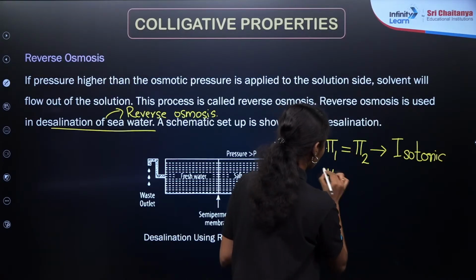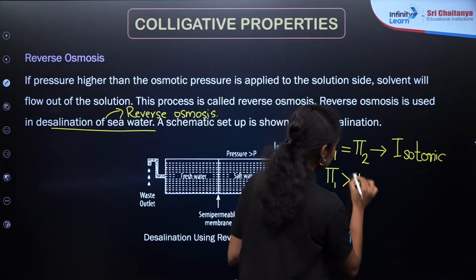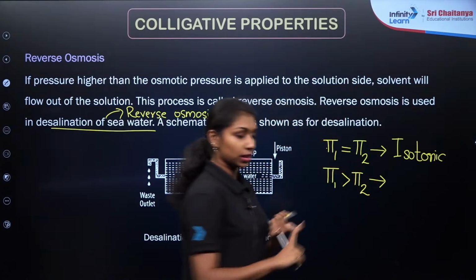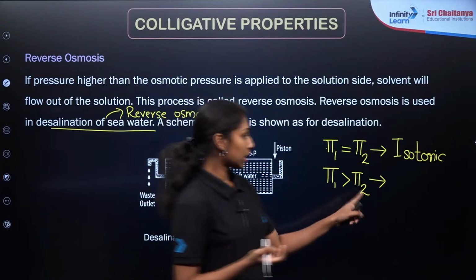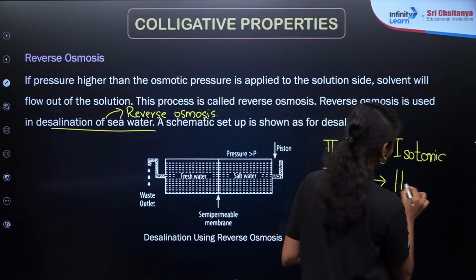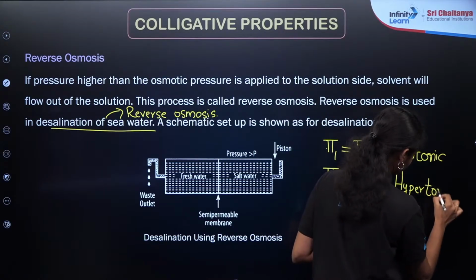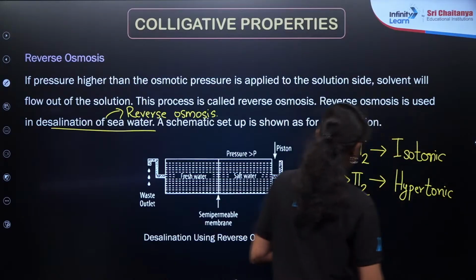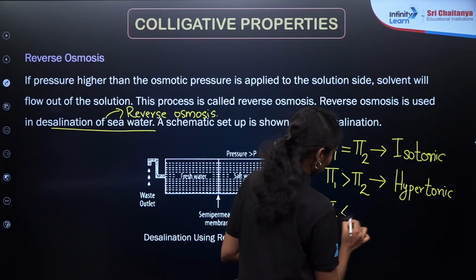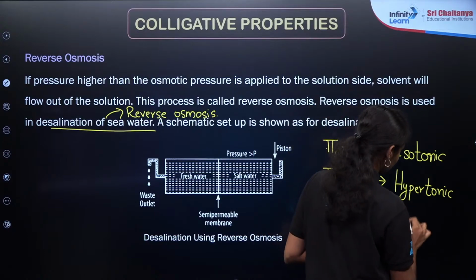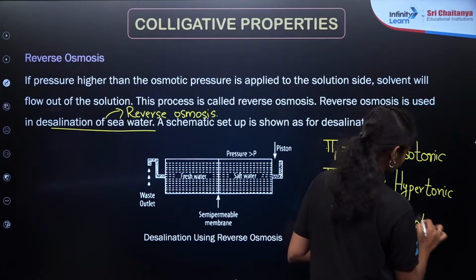Then, if pi 1 is greater than pi 2, which means one of the solutions has higher osmotic pressure than the other, then I can call this particular solution hypertonic. Then if pi 1 is less than pi 2, this will be a hypotonic solution.